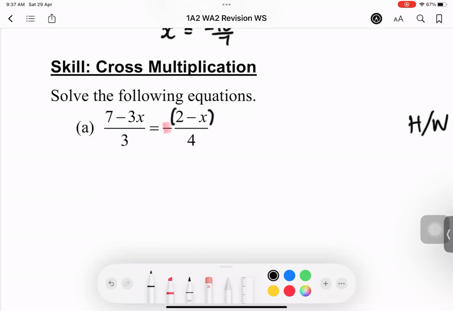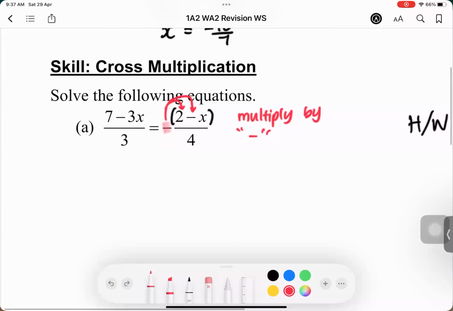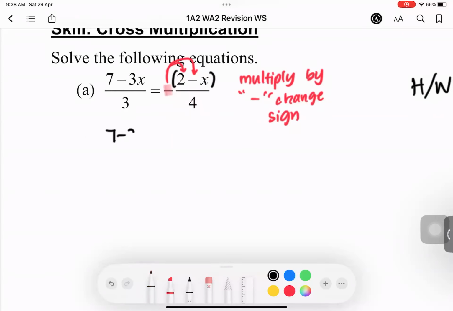So if this is the case, this negative sign needs to be multiplied in. When I multiply by a negative number, I need to remember to change the sign. So in this case, this one is 7 minus 3x over 3.